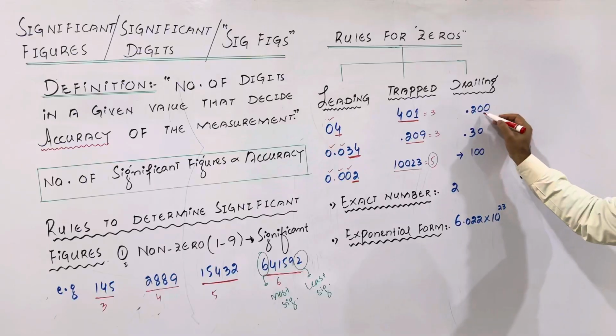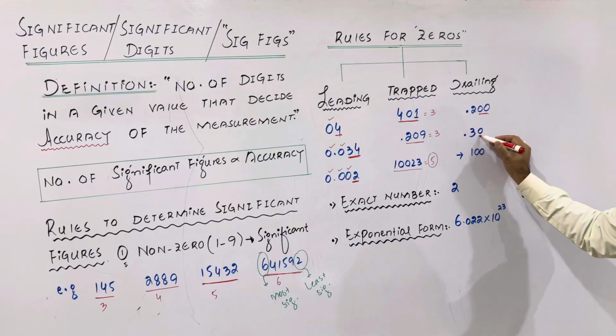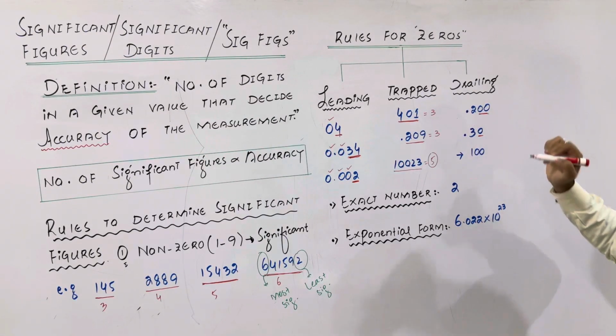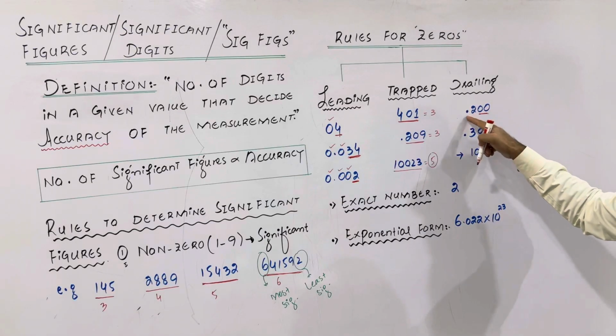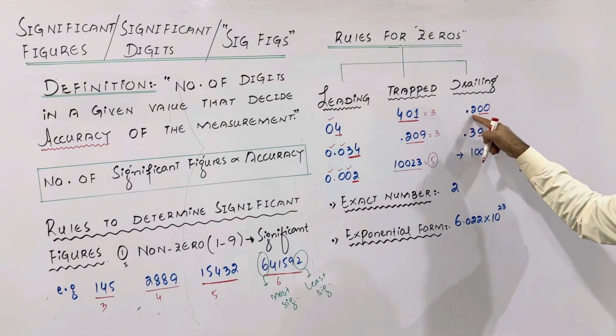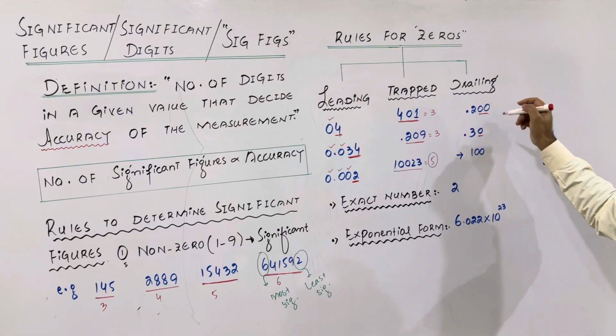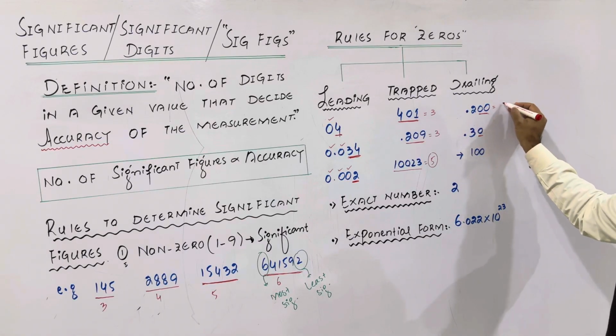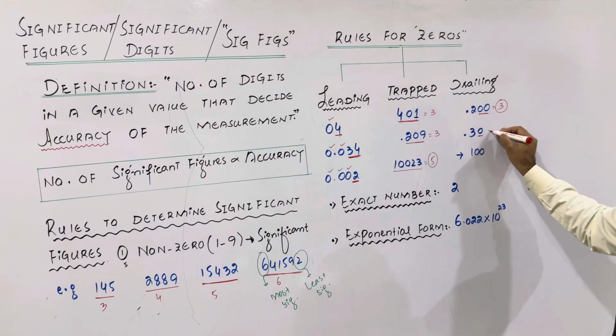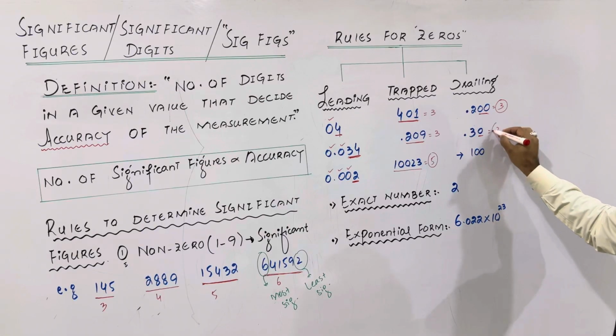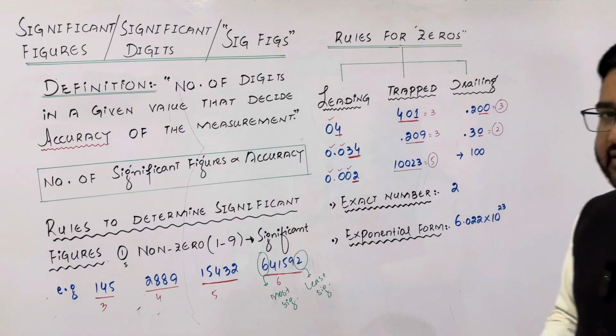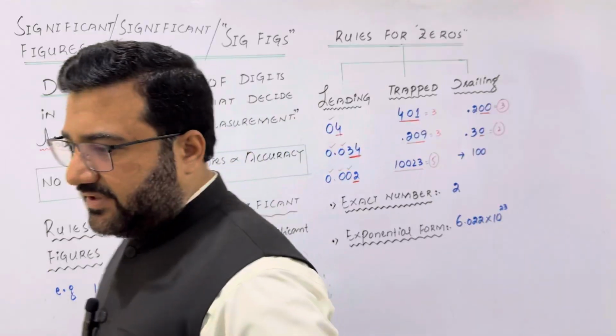So these two zeros are trailing zeros. This one is a trailing zero. They will be considered significant because they are to the right of the decimal and the non-zero number. This value will have 3 significant figures and this value will have 2 significant figures. All these zeros will be considered significant.